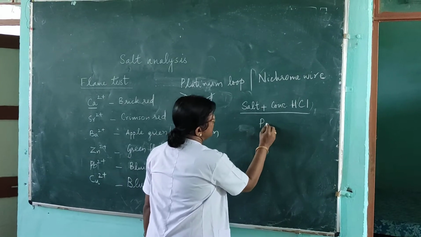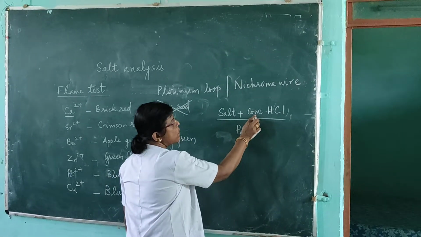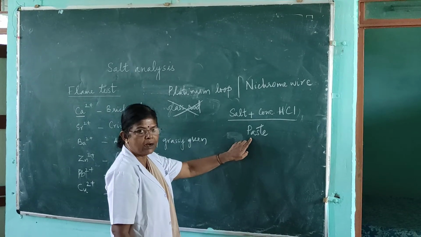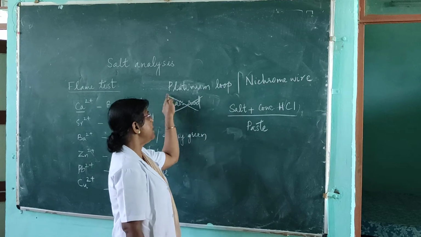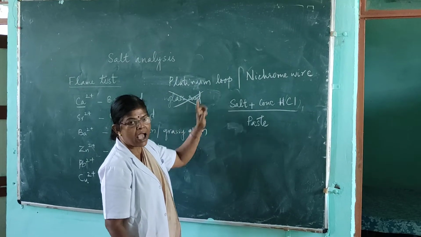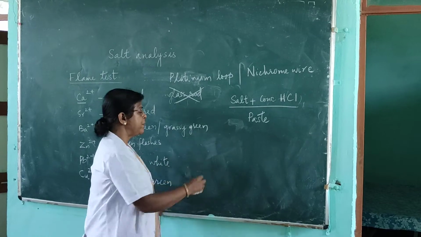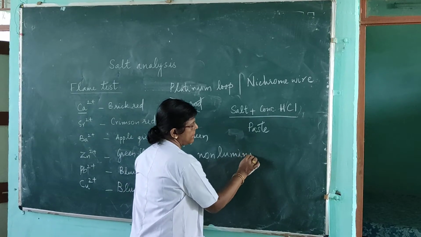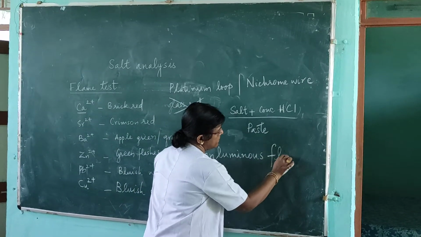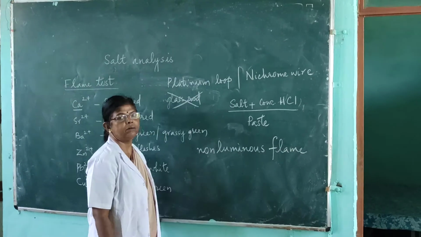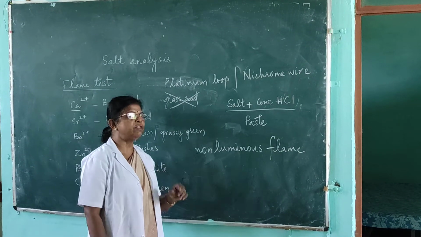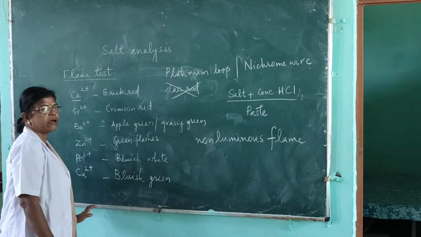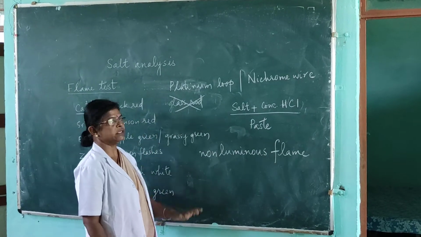This paste is taken on a cleaned platinum loop and shown to the non-luminous flame of the Bunsen burner, and you observe the flame. The flame will change its color if these ions are present. So that is the flame test.